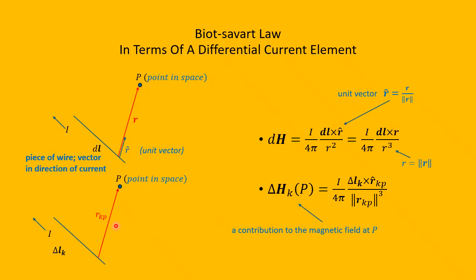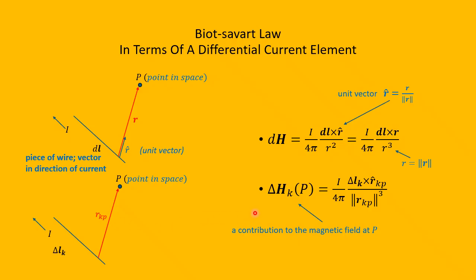Now, if we go to the discrete case, we have this little line segment, which is actually part of our circular loop, very small. Let's call the vector that goes along here delta L sub k. Let's let the vector from this line segment to P up here be R sub kp.